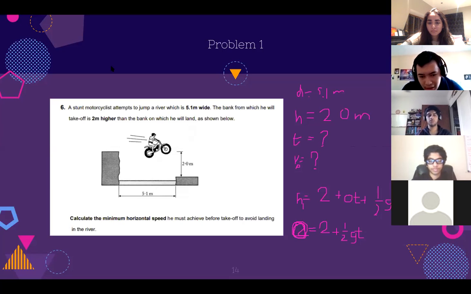So we know that -2 equals 1/2 g t squared. So we cancel these out, and we're gonna have 1 over. We'll just call g equal to 10, because that makes things easier.